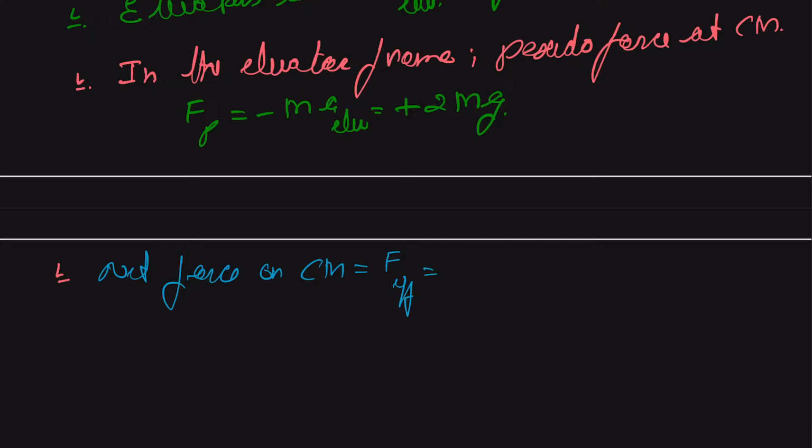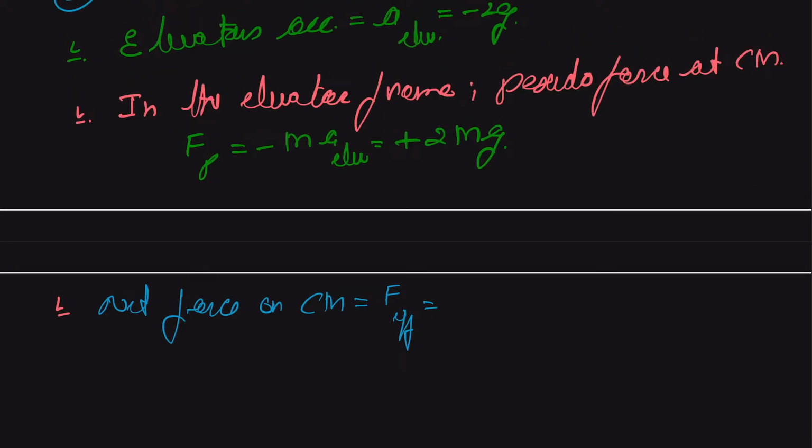Here I forgot to mention that the actual, or true, gravity, it's a little difficult to assert the name, but for the time being we can just call it the true gravity force. That will be equal to minus m g in the downward direction.